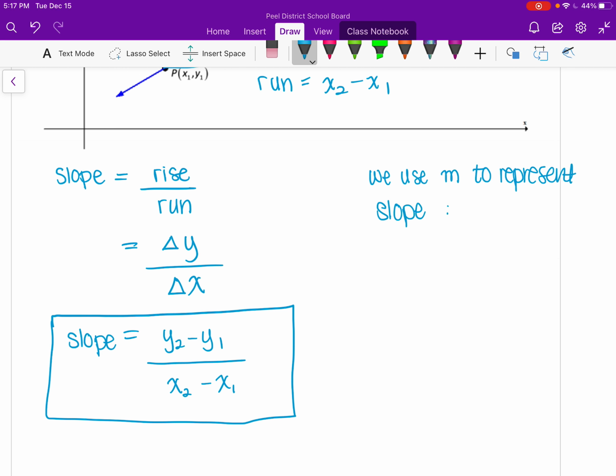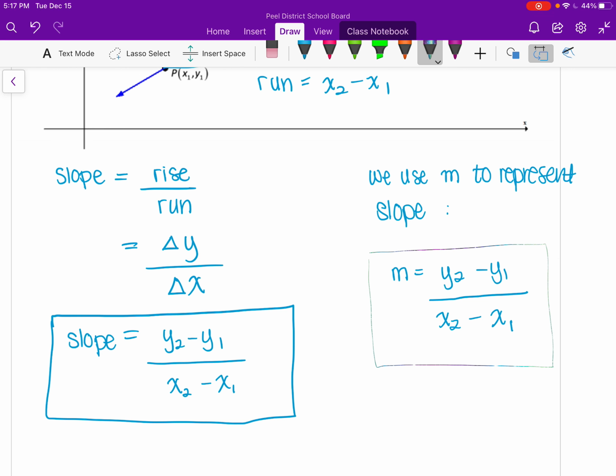So we write it as m is equal to y2 minus y1 over x2 minus x1, which is the same thing as saying rise over run. I'm just going to go in and make a nice box around here. Okay, and that is my formula for slope. Alrighty.